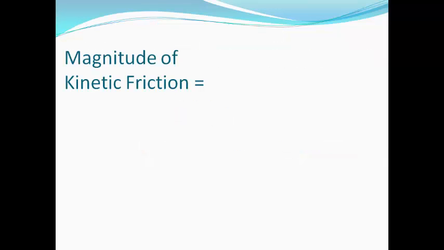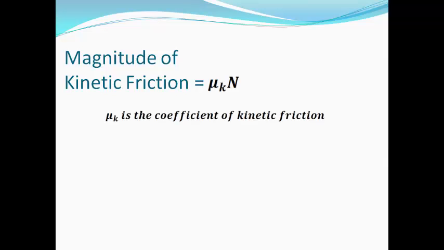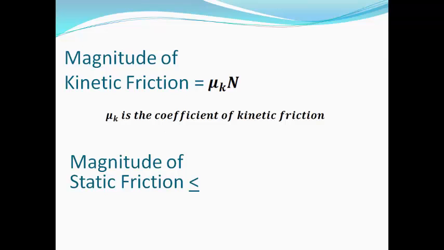Therefore, magnitude of kinetic friction will be equal to mu k N, where mu k is the coefficient of kinetic friction, whereas magnitude of static friction will be less than or equal to mu s N, where mu s is the coefficient of static friction.